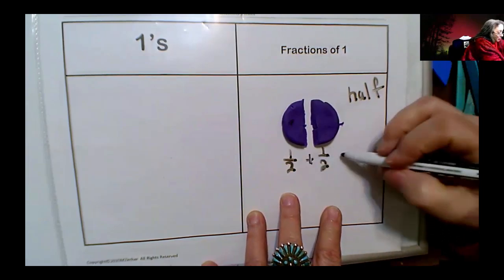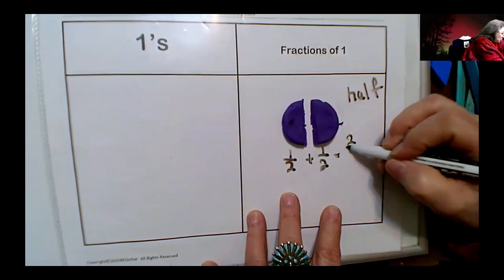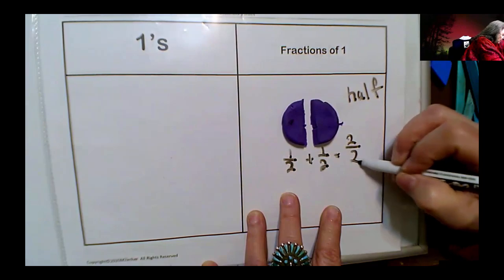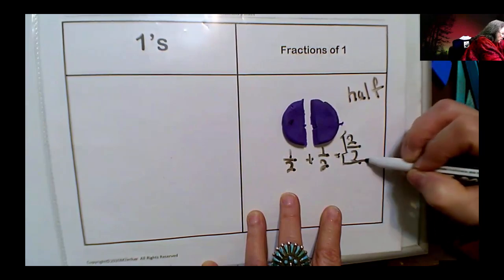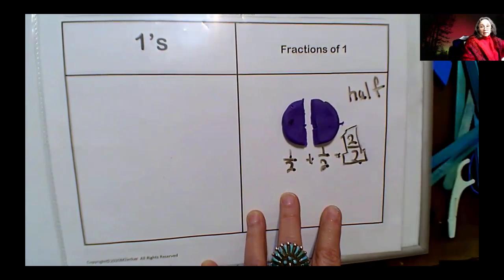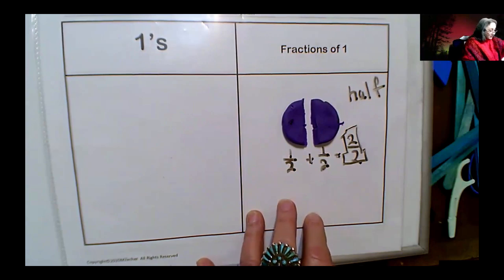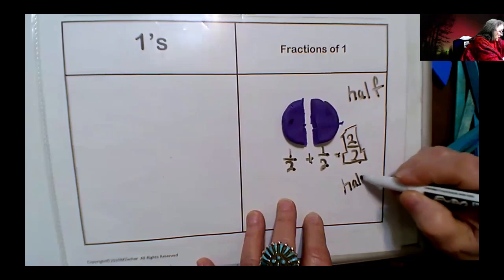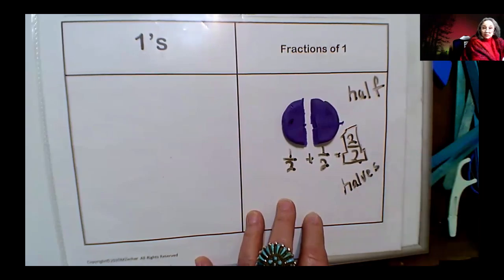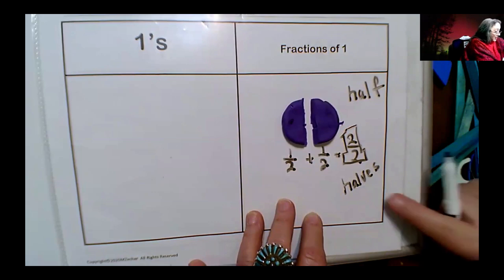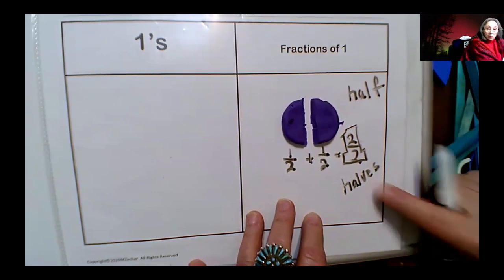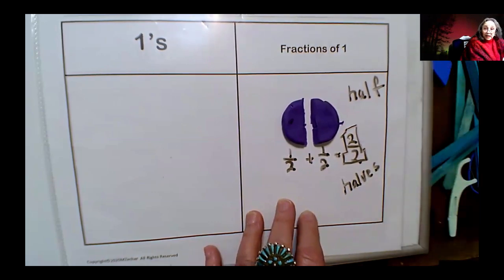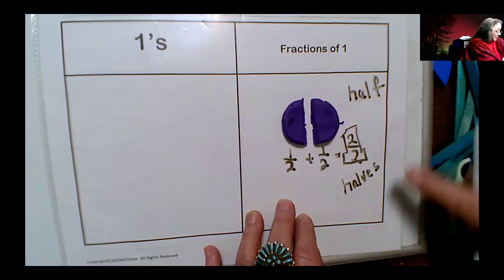And so when I have both of them, I have 2 of the halves. It's another name for 1. It's equivalent to 1. When I have more than 1/2, I have 2 halves. And just as in leaf and leaves, we find that the F becomes a V when it goes to the plural: calf, calves, leaf, leaves, half, halves.